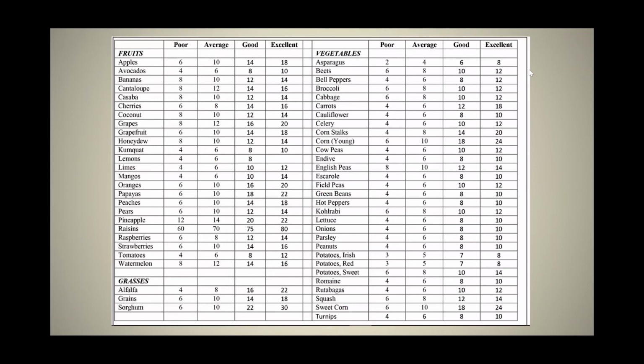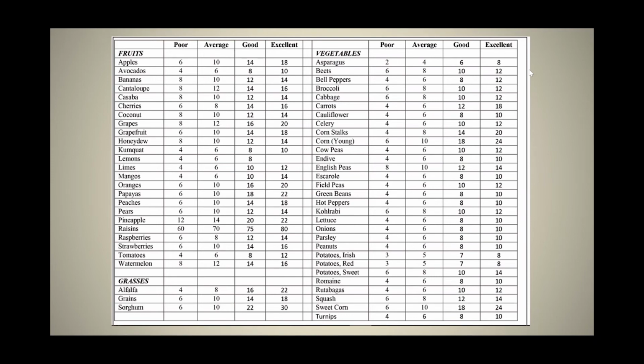There is a Brix chart that will tell you poor, average, good, and excellent. You can look at fruits, grasses and grains, and vegetables. This is an indicator of how the plant is functioning, how it is putting components together to form nutrition.